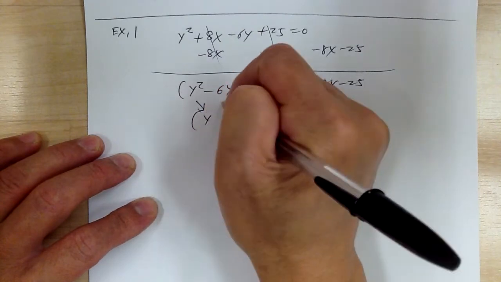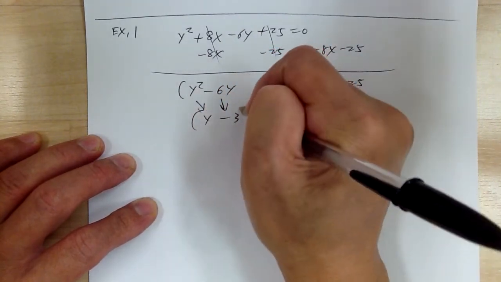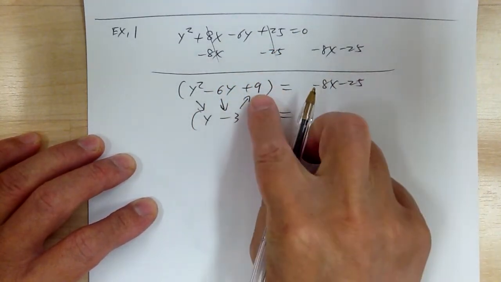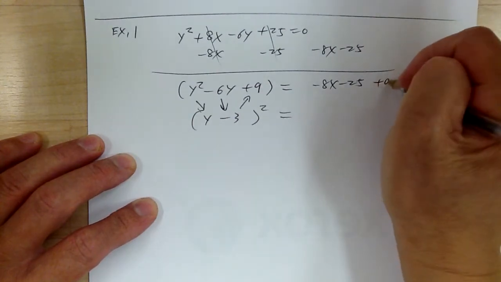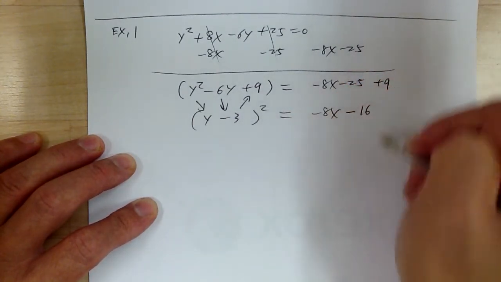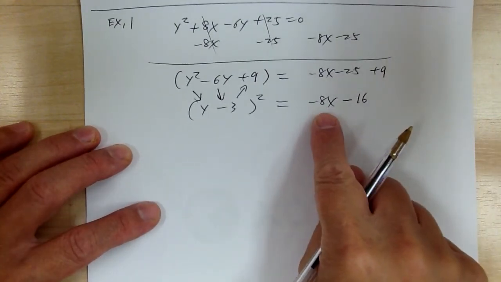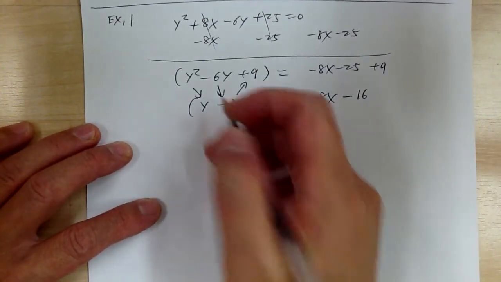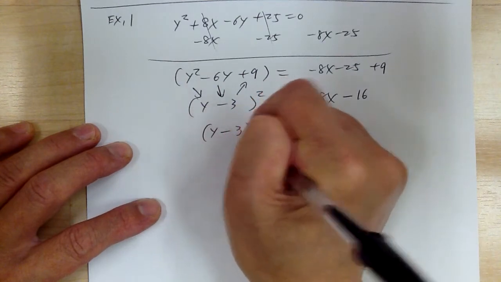From this you get y, from this you get minus 3, so you have to plus 9. So you plus 9 over here, you have to plus 9 on this side, so you get negative 8x minus 16. And then you have to factor out the coefficient before the variable to get in the proper form.